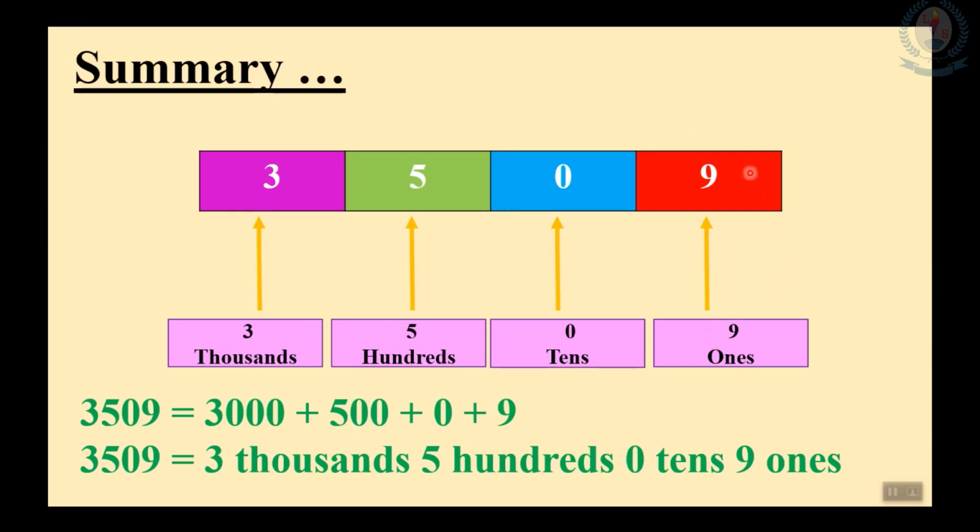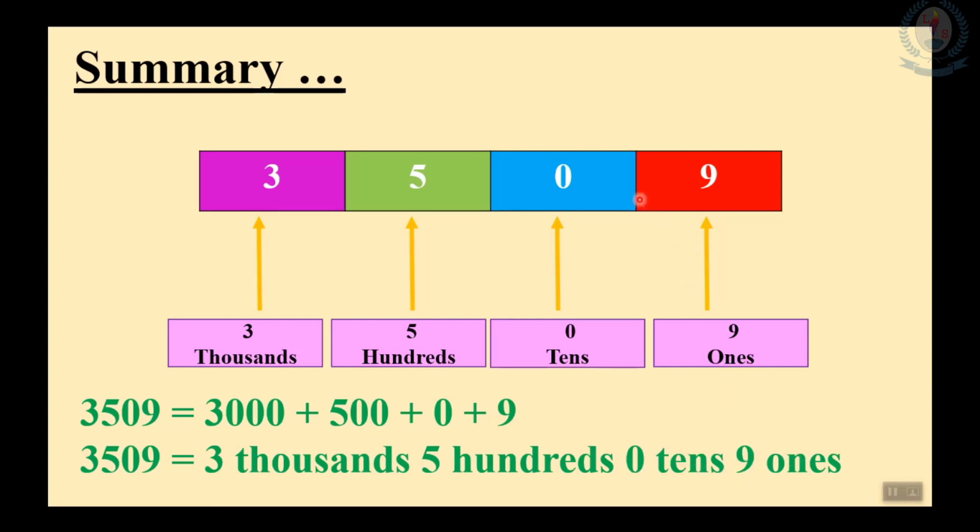That means in here 9 ones are there, 0 tens are there, 5 hundreds are there, 3 thousands are there. We can write this 3509 as 3000 plus 500 plus 0 plus 9, or as 3000s, 500s, 0 tens and 9 ones.